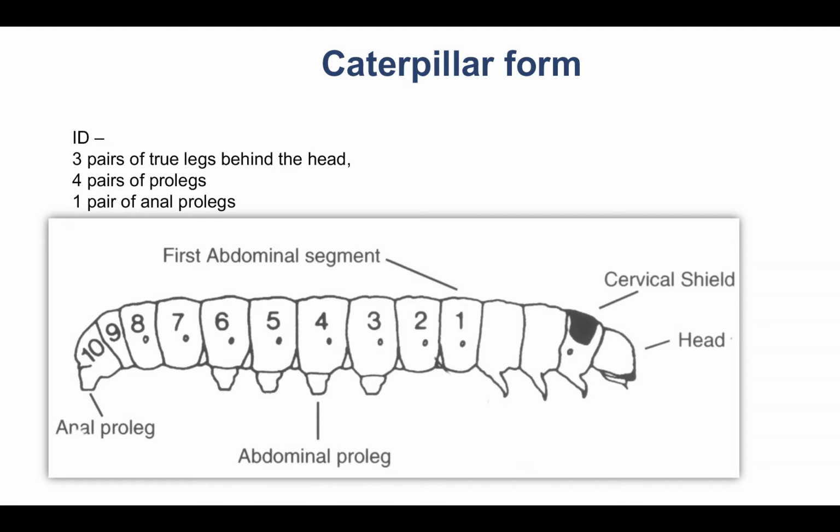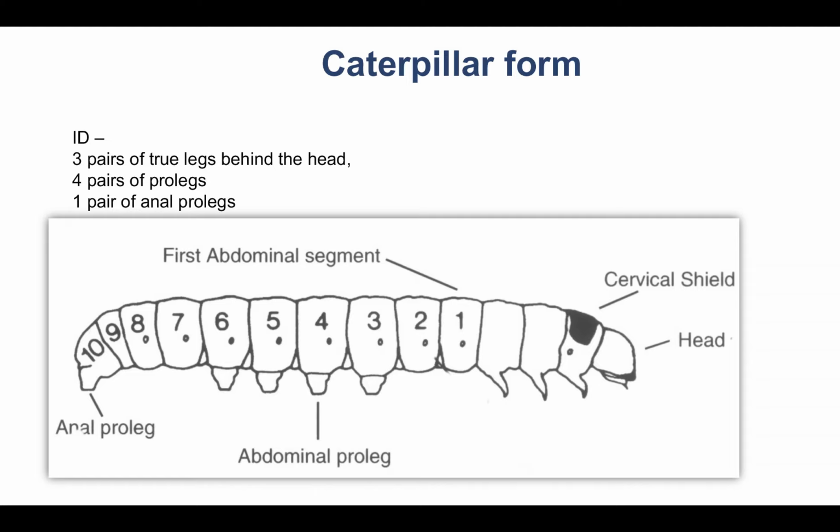There is very little difference in the actual structure of the caterpillar of all the pests. What we need to look at to identify the different species is the colour, the hairs on the caterpillar, and also the crop that it's in.